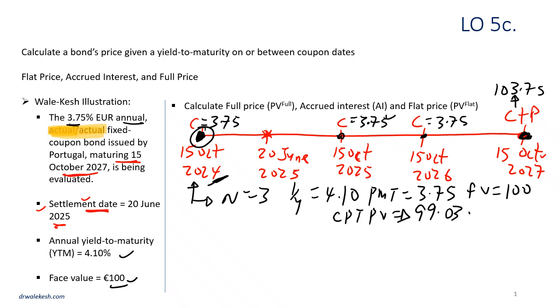So let us get started with computing the full price. Since we have the value here, that's the value of the bond here, but recall that the settlement date is here.